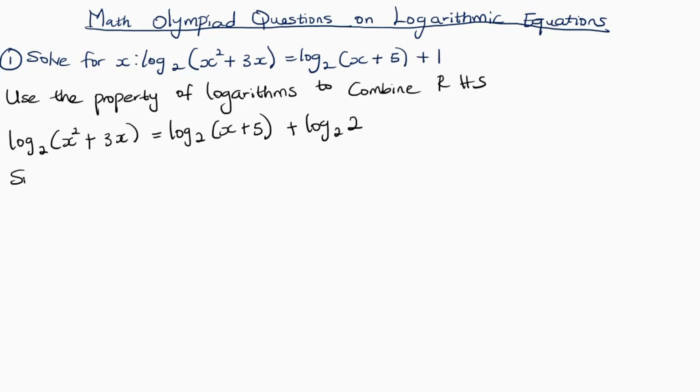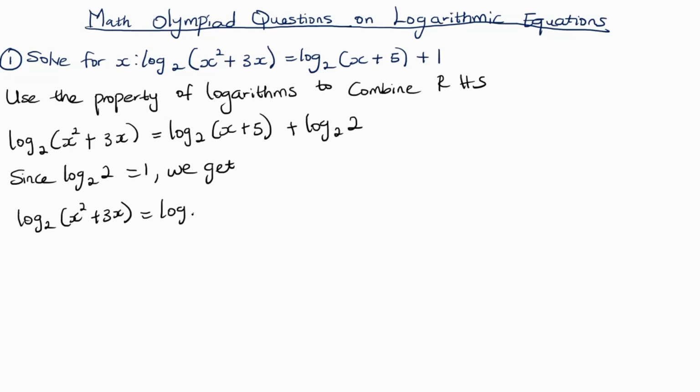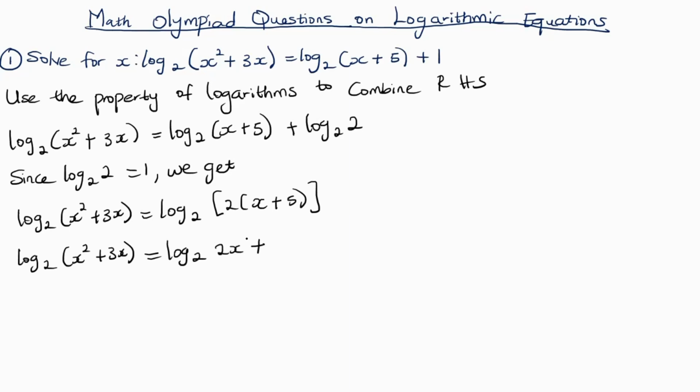So we get log 2 of (x squared plus 3x) is equal to log 2 of, now applying the product law, this becomes 2 into (x plus 5). So we have log 2 of (x squared plus 3x) is equal to log 2 of 2 times x, which is 2x, plus 2 times 5, which gives us 10.